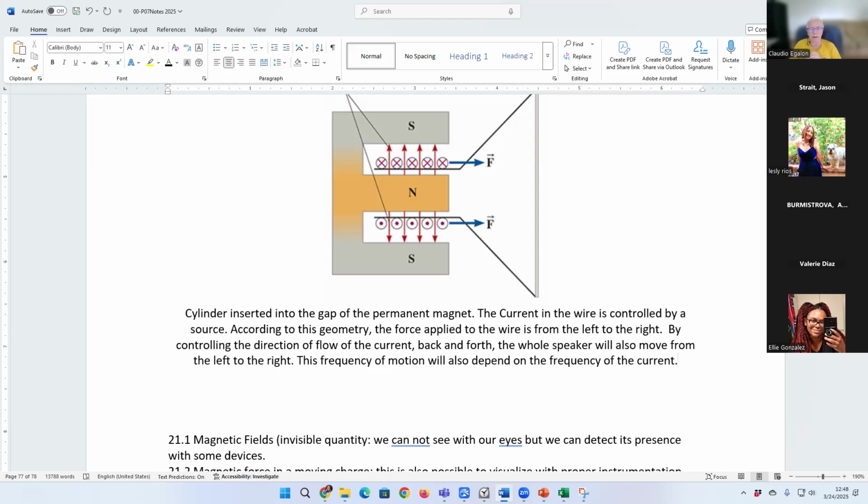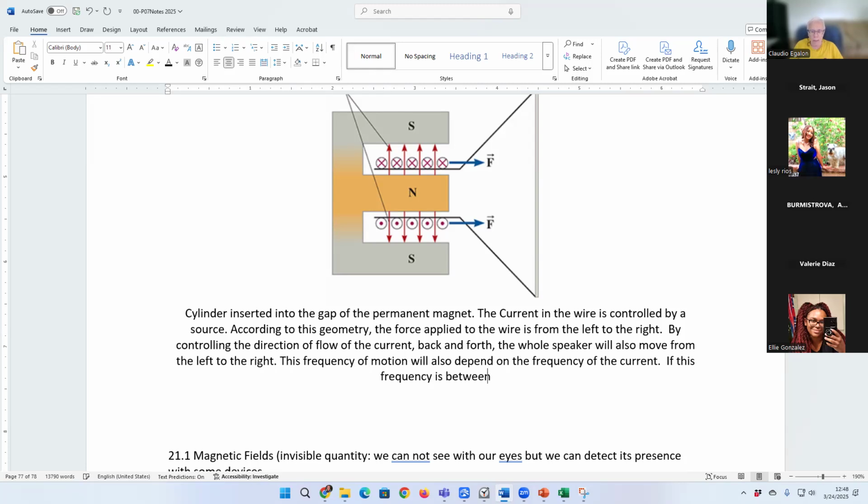And if this frequency is between 20 hertz and 20,000 hertz, the speaker will produce an audible sound. Okay?